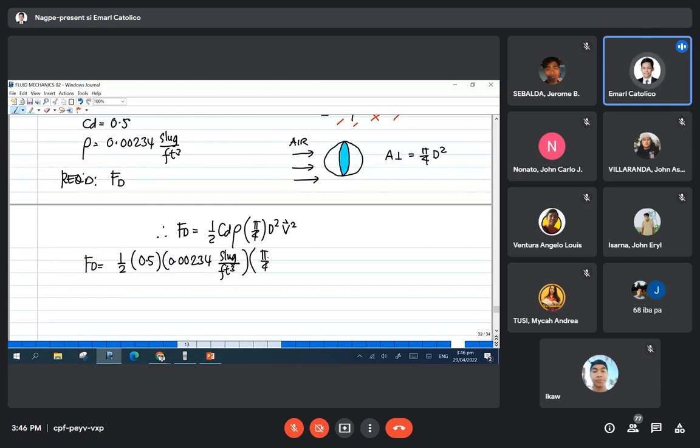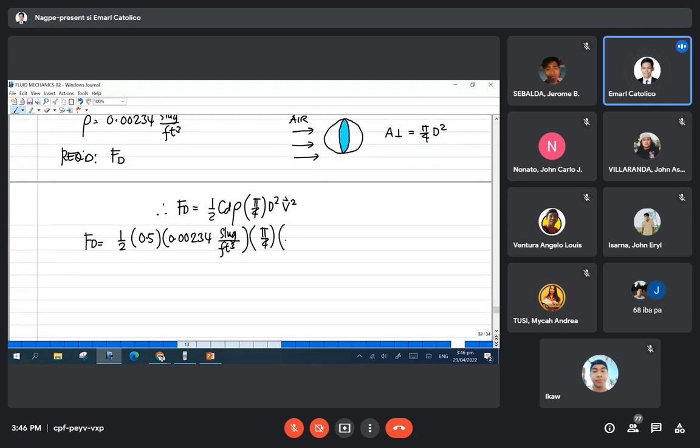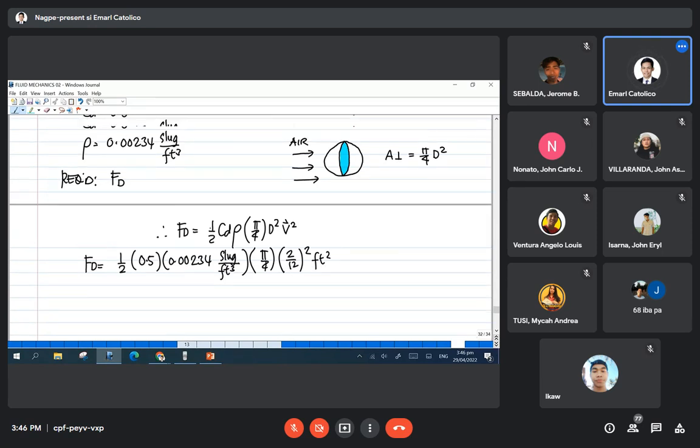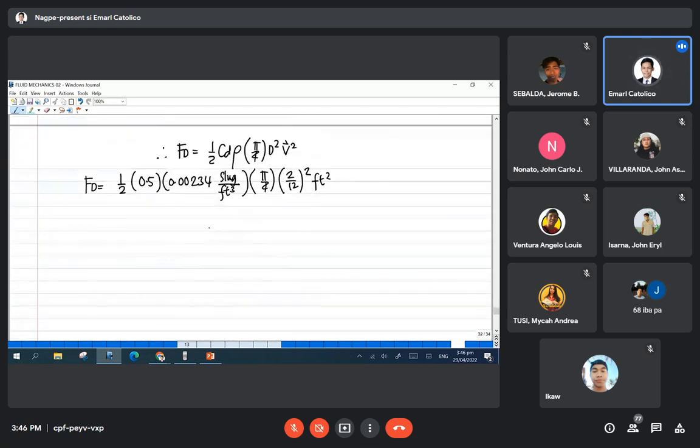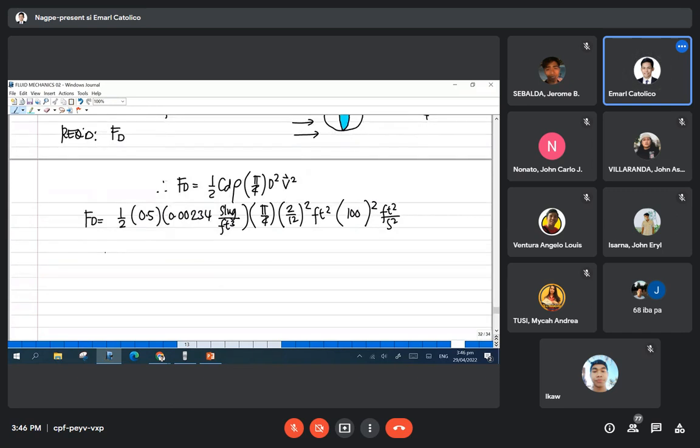Pi over 4. Diameter natin, given ba? Ayun, 2 inch. Convert na natin into feet. So 2 over 12 squared feet squared. Velocity is 100 feet per second squared, feet squared per second squared. So take note nyo, since nakaslug yan, na-discuss ko na to ng first part eh.